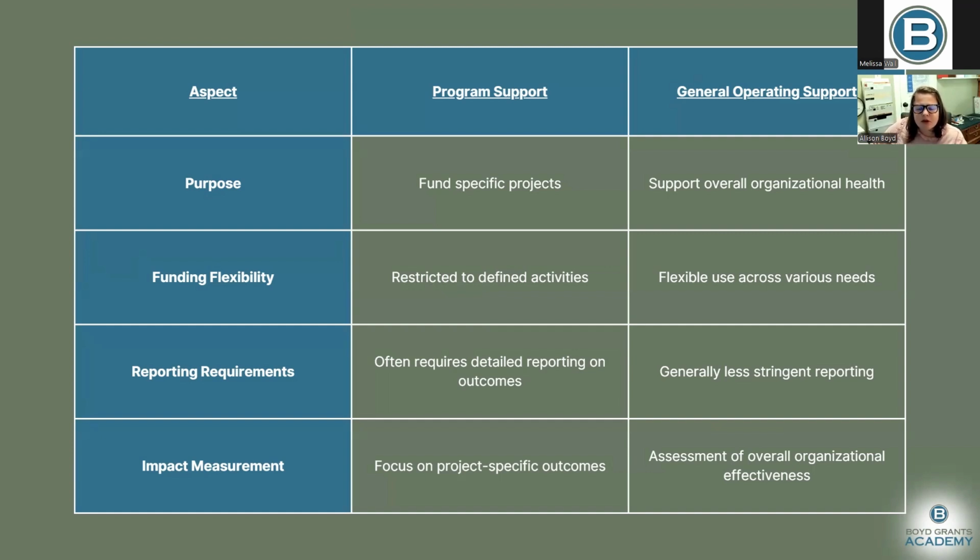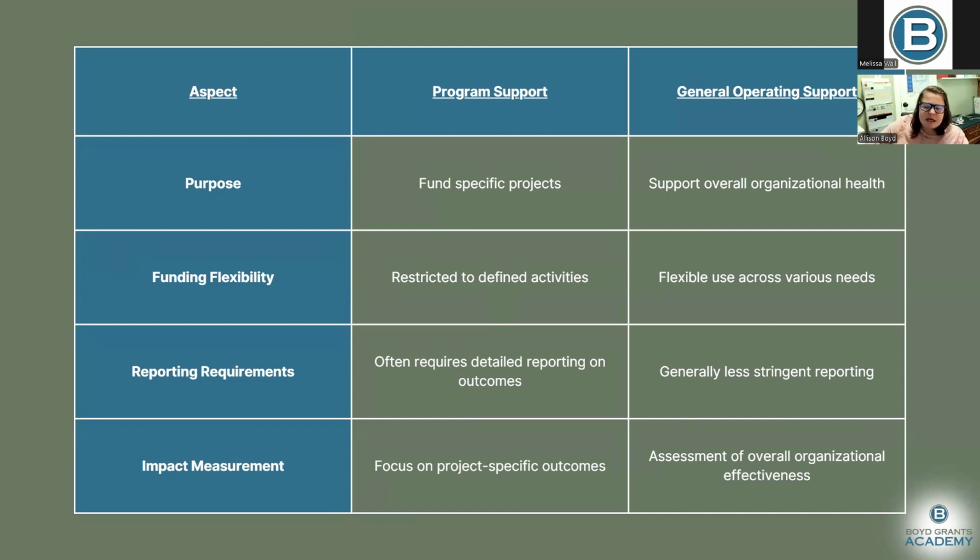With program support, funders often require a detailed report on the progress and outcomes of the specific project funded. But general operating usually has less stringent reporting requirements. Your funders will still want to see how the organization is utilizing their support, but the focus is less on specific outcomes and more on overall organizational effectiveness.